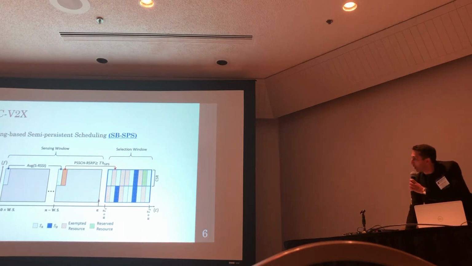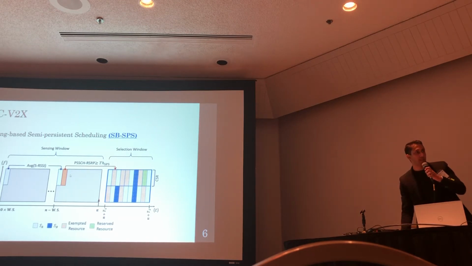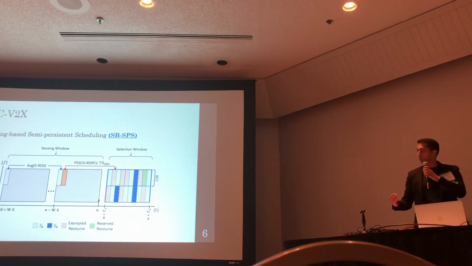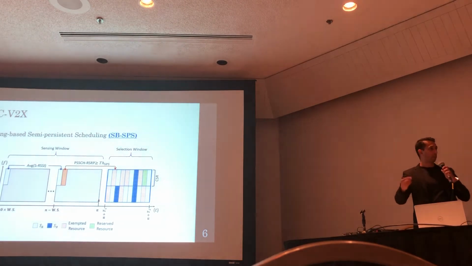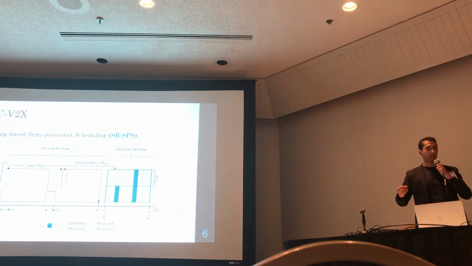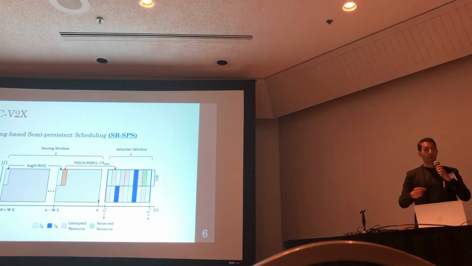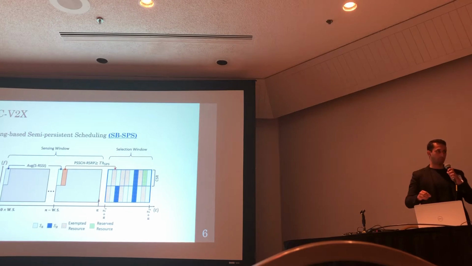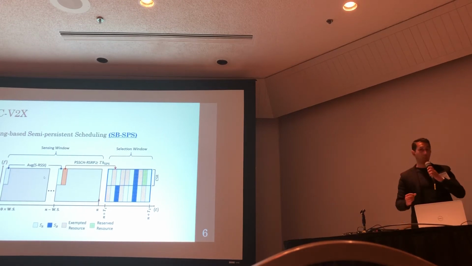So basically, the SPS algorithm is mainly based on two concepts. One is sensing the previous history of the network and keeping a history of which packets have been transmitted by other nodes and on which resources. So we keep a history, which here I'm calling the sensing window.